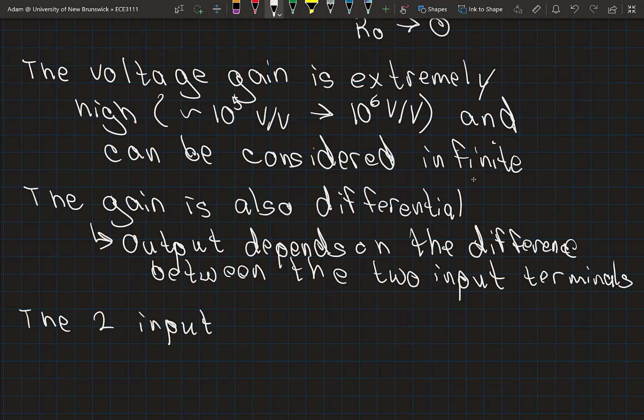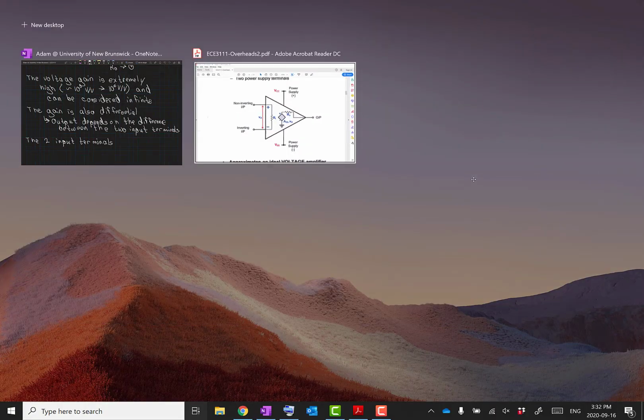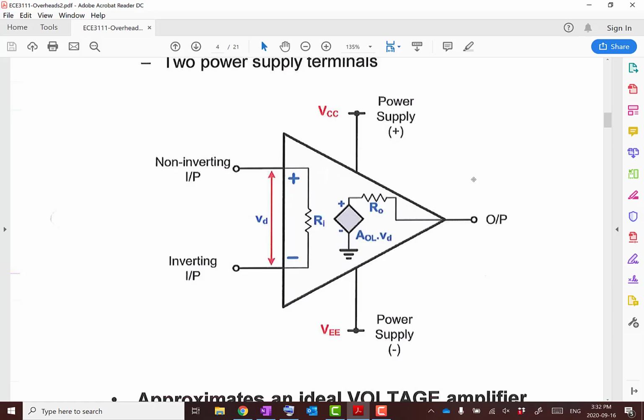If we go back up to the diagram for a second, maybe it's easier for me to just switch slides. If we look at the input terminals here, we see that they're labeled on that triangular block that's so characteristic a means of representing an op-amp.